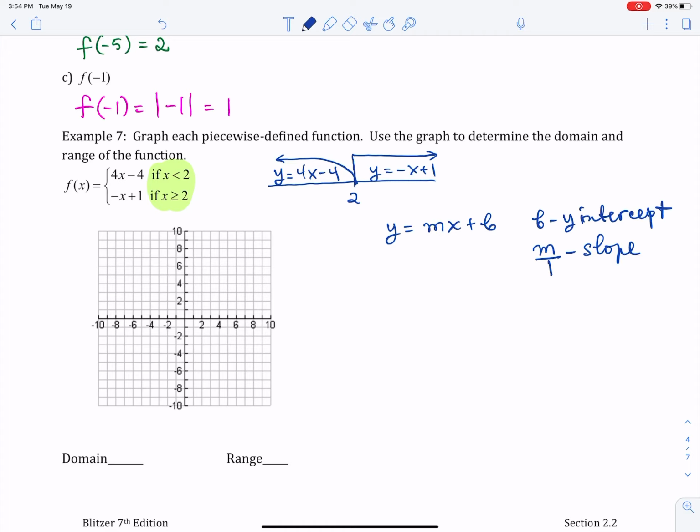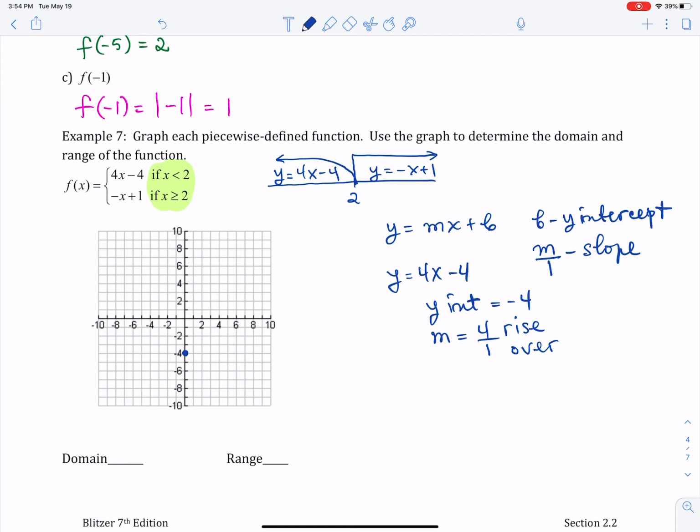So for the problem y is equal to 4x minus 4, the y-intercept is the number negative 4. So this graph is going to cross through negative 4. And the slope is the number in front of x, which is 4, so it's considered 4 over 1. That means I'm going to rise 4 over run 1.